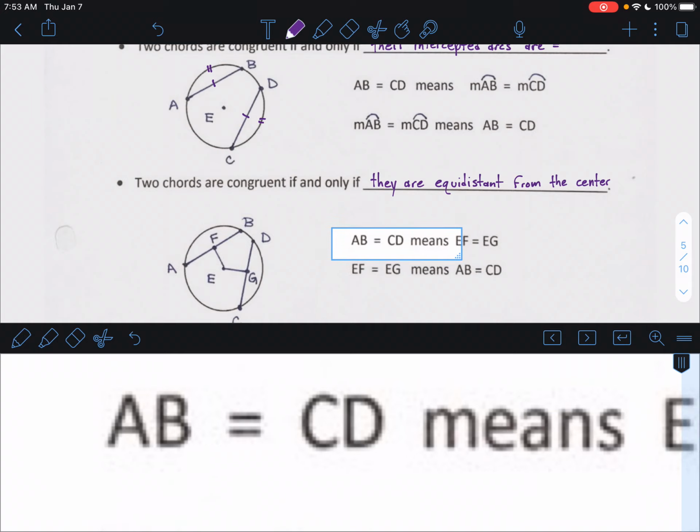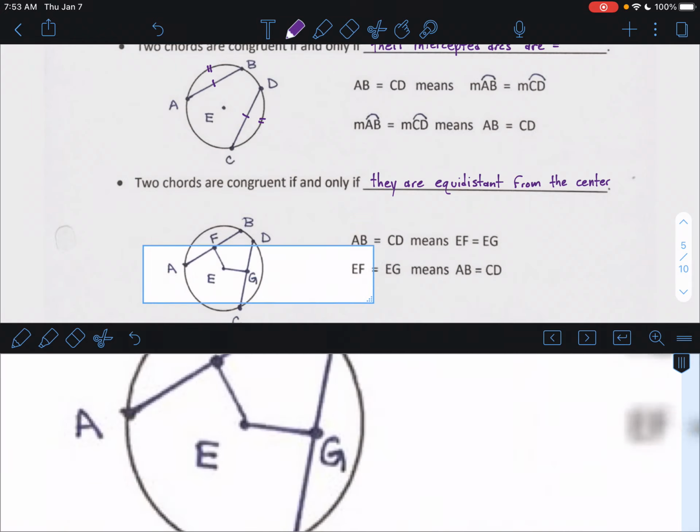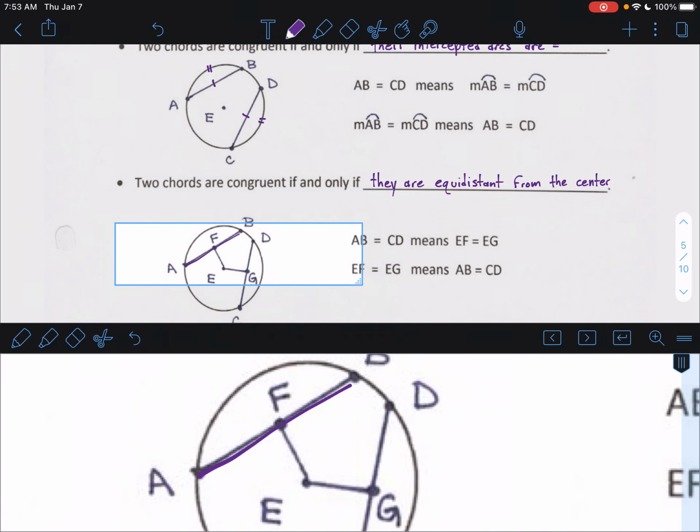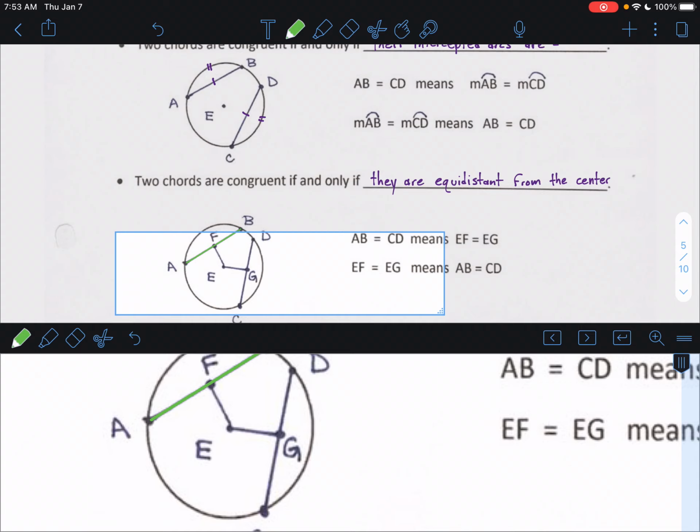Some statements here. AB equaling CD. So here's AB, I'll do that in a different color, it's going to show up better. So here's AB, and here's CD.